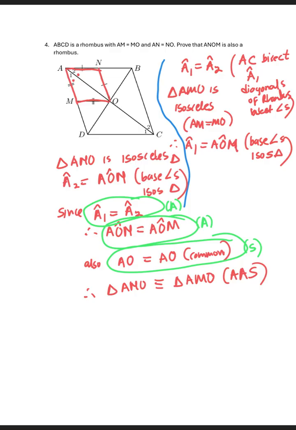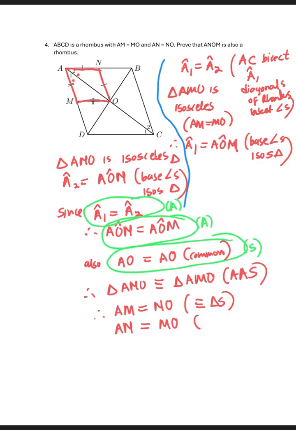Because the two triangles are congruent, it follows that AM is equal to NO, reason: congruent triangles. We just showed that the triangles are congruent, and then AN is equal to MO.